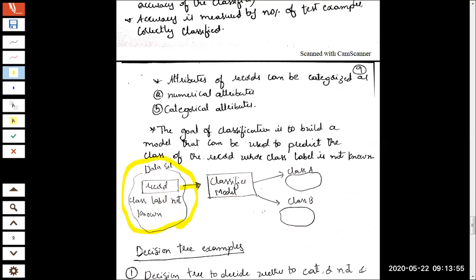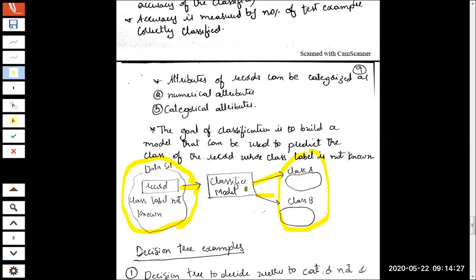The classifier will take the input, a data object or record, go through the attributes, and decide to which class it belongs, whether it is class A or class B. That will be decided by the classifier.